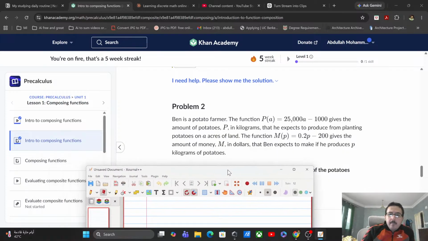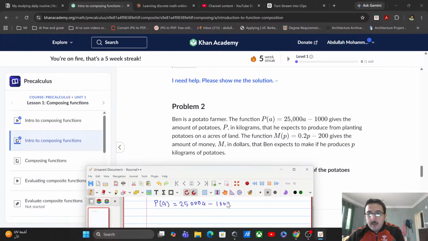Ben is a potato farmer. The function P(A) equals 25,000A minus 1000 gives the amount of potatoes.